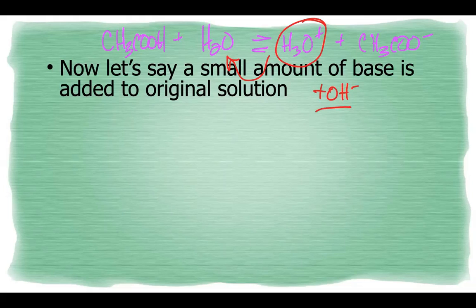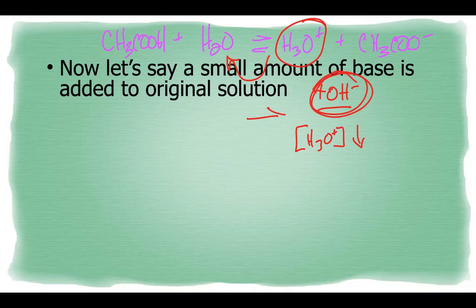So then the concentration of hydronium is decreasing, but because the hydronium is being used up by reacting with the base, equilibrium is going to shift to the right to replace the hydronium that's reacting with the hydroxide. So when equilibrium is reestablished, pH remains the same.